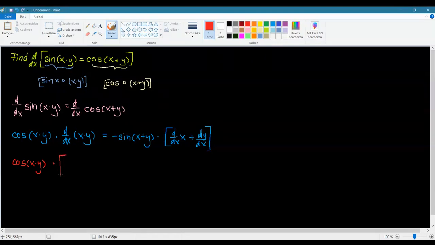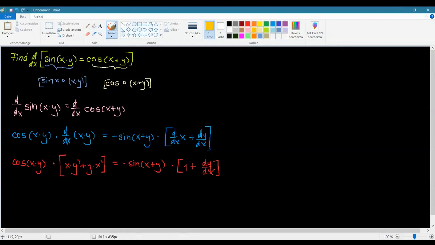Now this is going to require the product rule. So we're going to take x times y prime plus y times x prime equals negative sine of x plus y times 1 plus dy over dx.